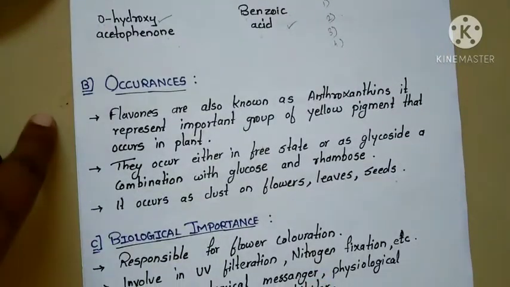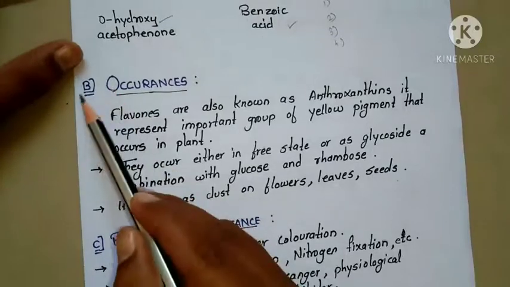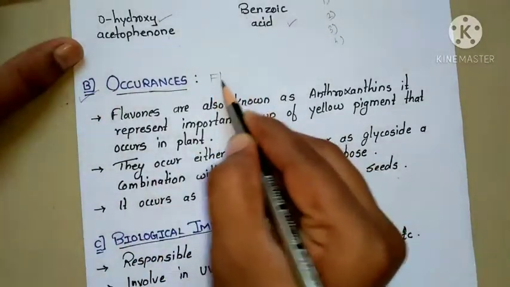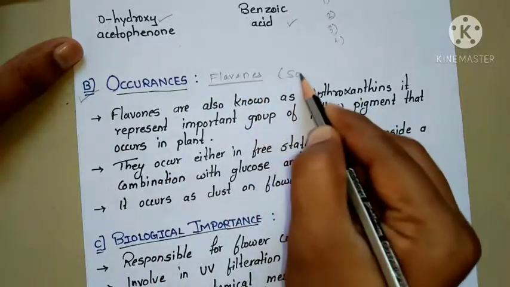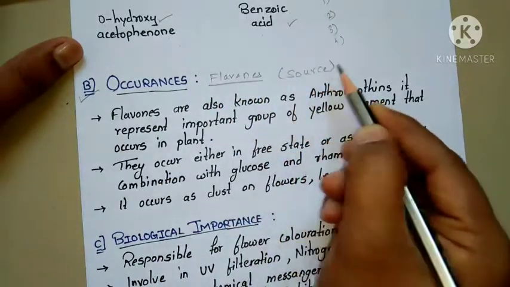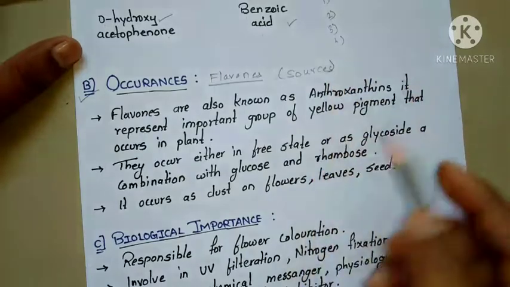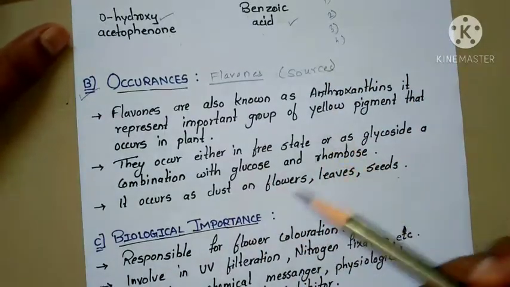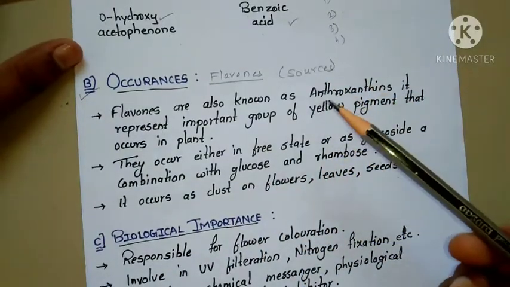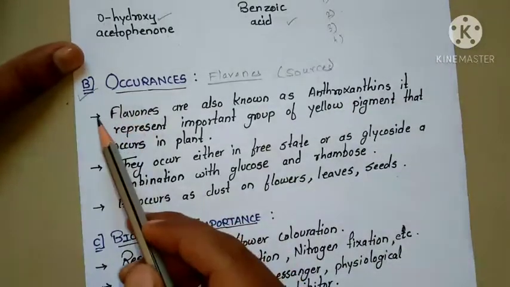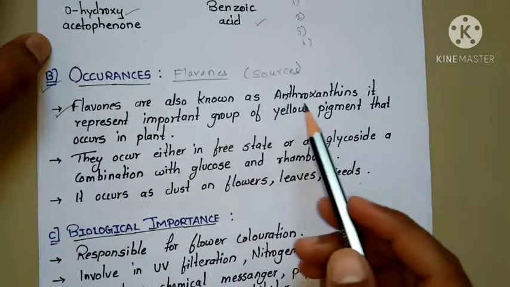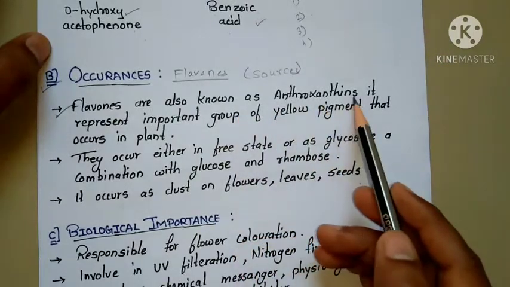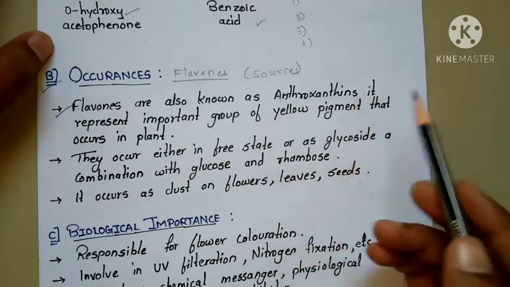Then the next part is the occurrence of flavones. Occurrence of flavones, that means you can also say its sources. First, flavones are also known as anthoxanthins.